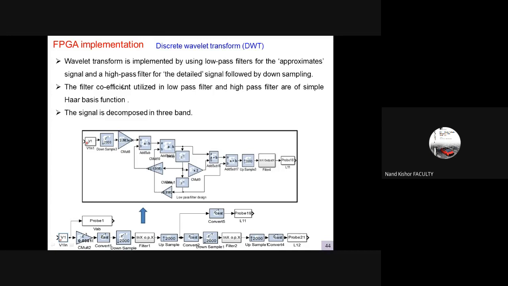We have applied high pass filters and low pass filters so as to get the approximate and the detailed signals. And this is the complete FPGA implementation for the technique. This filter part is illustrated in this inset block here.